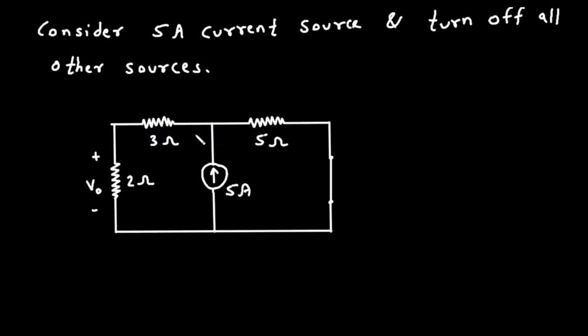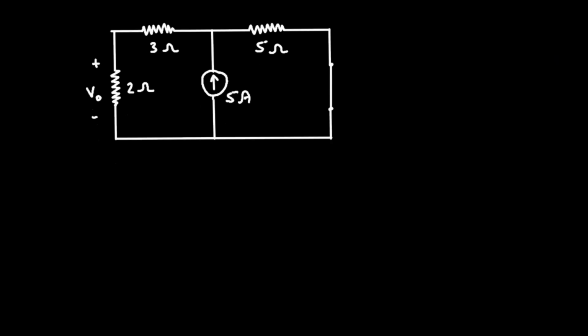So first of all, let's say this current is 5 ampere, and here this 5 ohm and these two are connected in parallel. So let's simplify this first. Now here this 3 ohm and 2 ohm are connected in series.